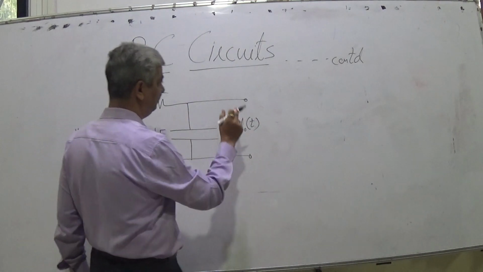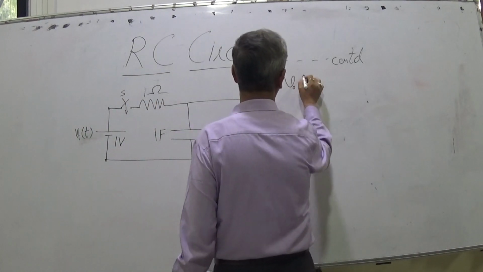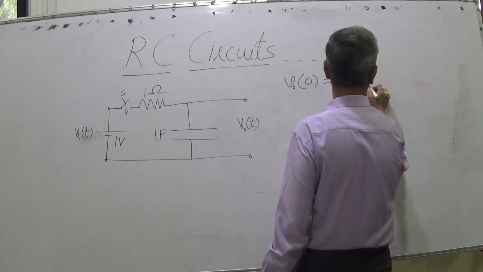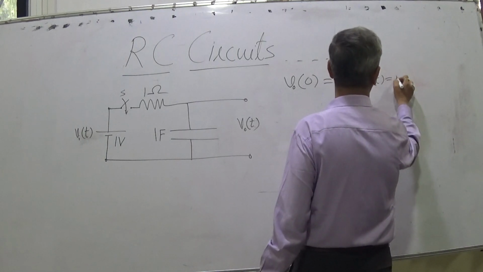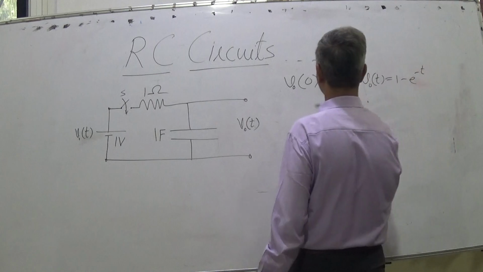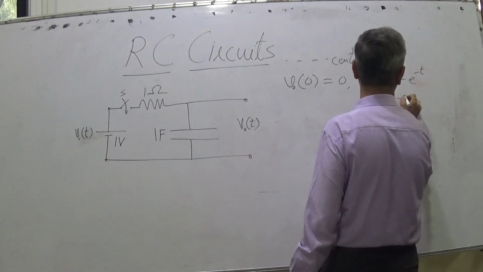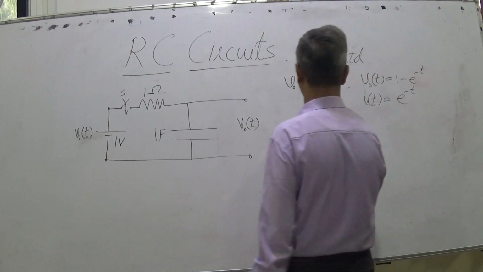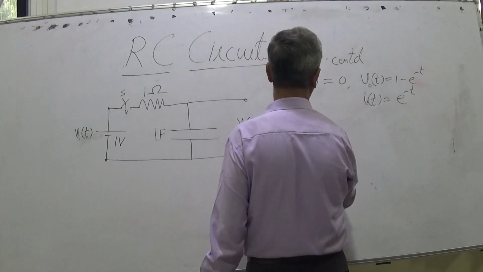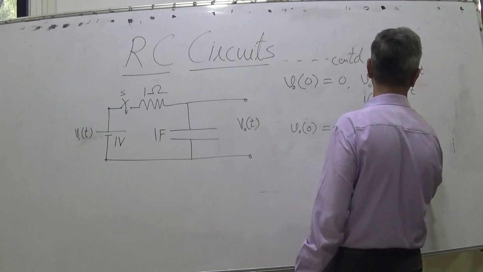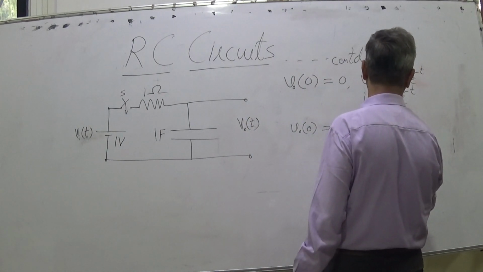If Vo(0) is 0, then Vo(t) is equal to 1 minus e raised to minus t, and at the same time i(t) is equal to e raised to minus t, that we calculated. If Vo(0) is 1, then Vo(t) remains 1 and i(t) remains 0.